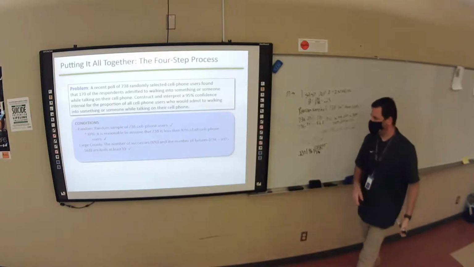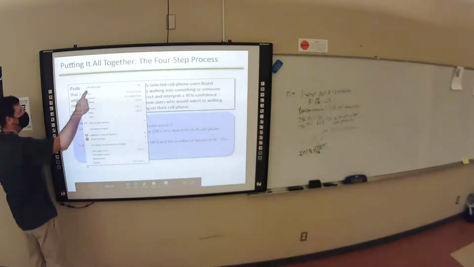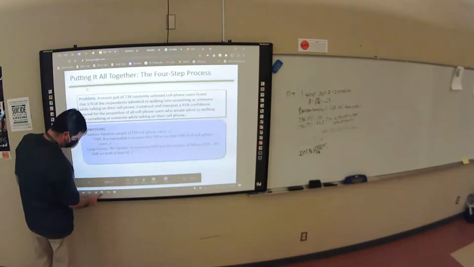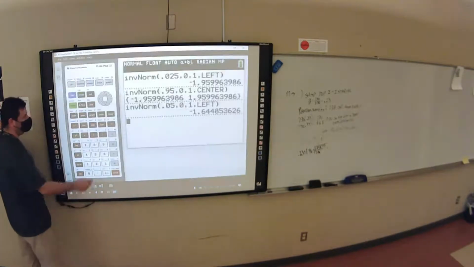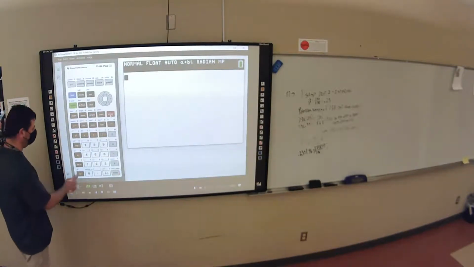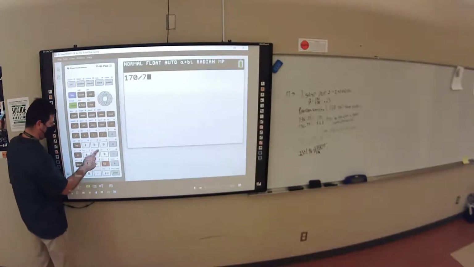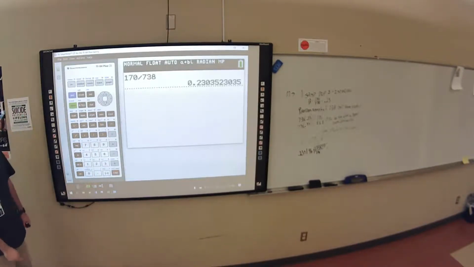Now we'll go to our calculator, right? Punch all this up. Let me make sure that's 0.23 before I go on. 170 divided by 738. Yes, 0.23.